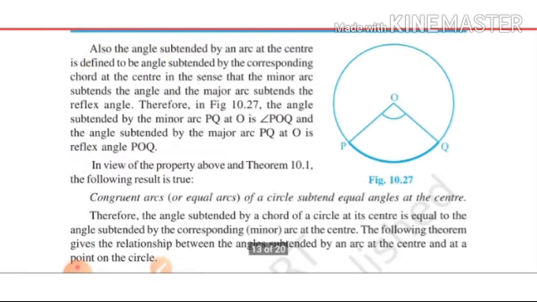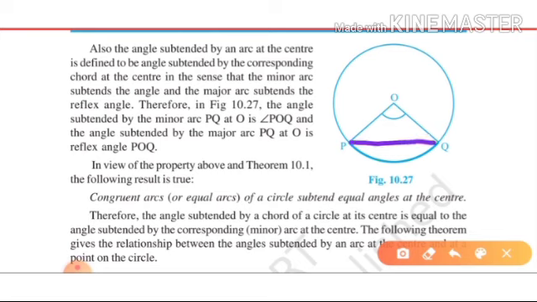Now, when we talk about the angle subtended by a chord, it was like this: PQ was the chord and this is the angle here. In the same way for the arc PQ, it will remain the same.